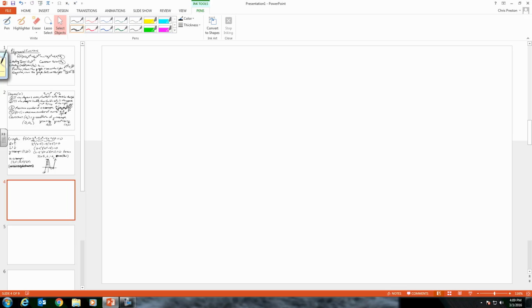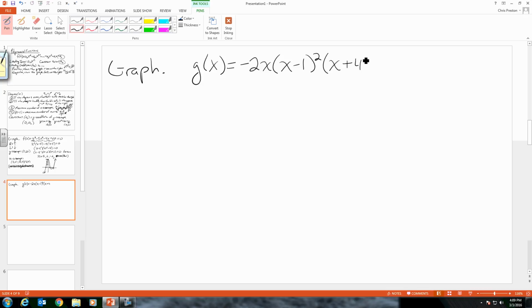Let's say I wanted to graph g of x equals -2x times (x minus 1) squared times (x plus 4) cubed.